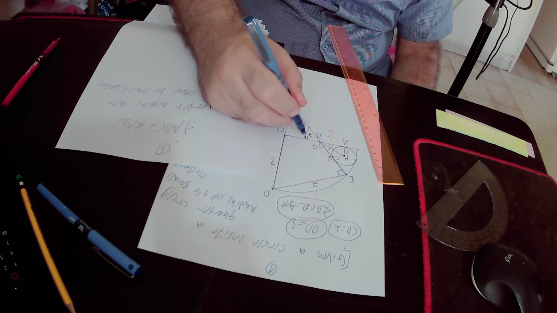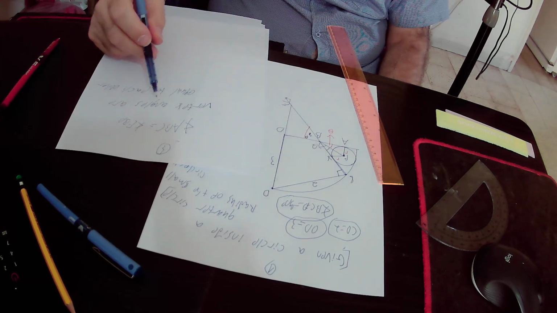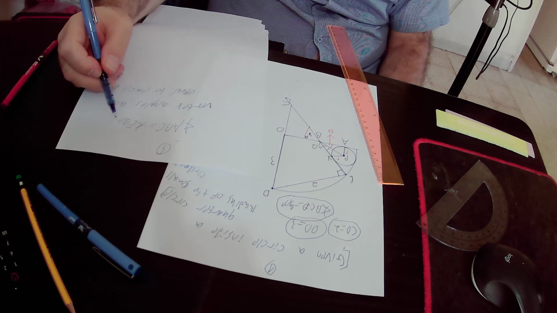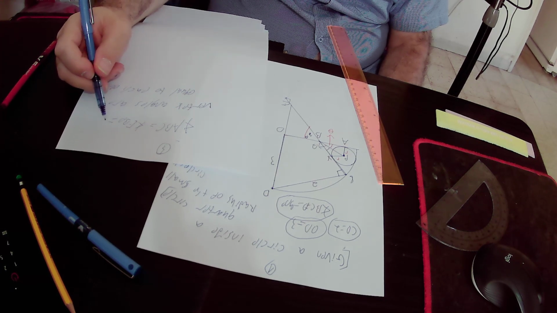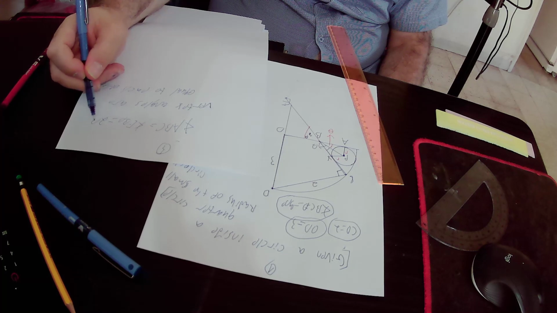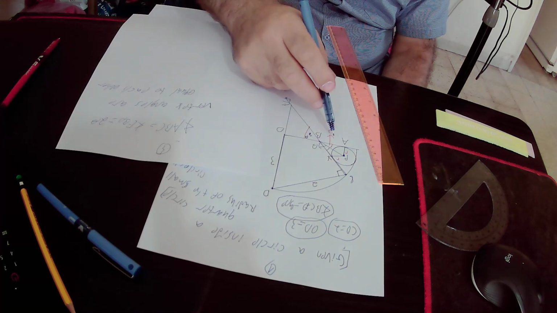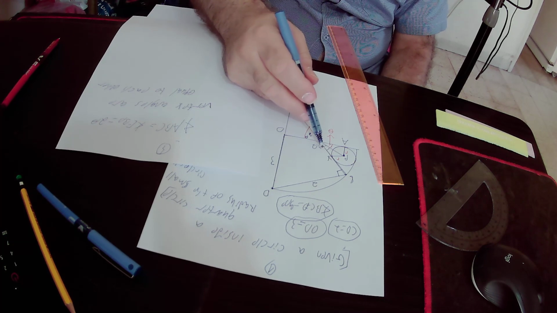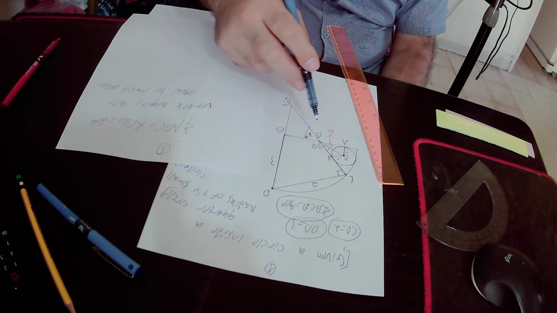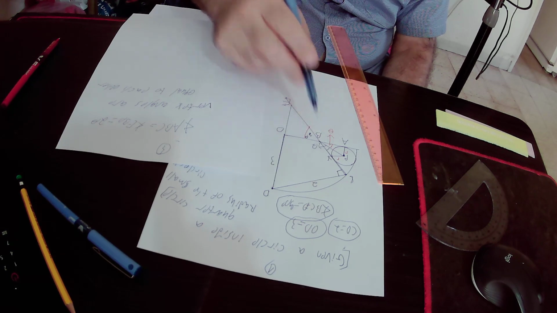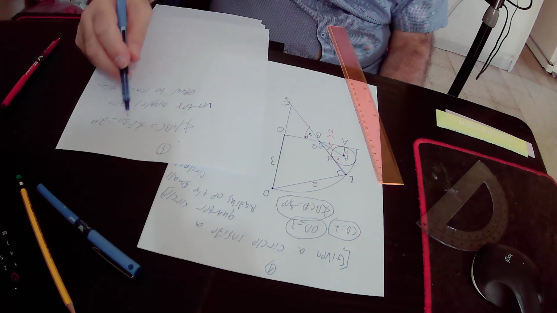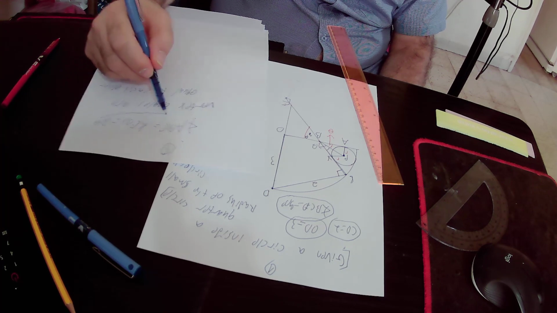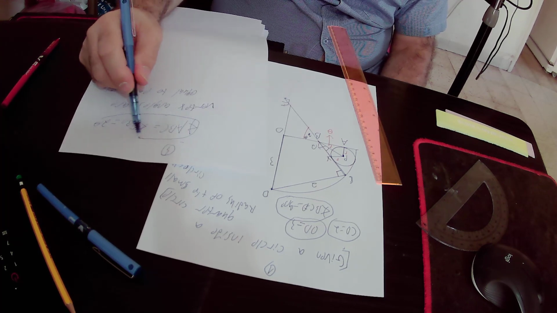Okay, so vertex angle ABC equals vertex angle EBO, and both are equal to 2 theta because it equals this angle that is theta plus this angle that is also theta. So angle ABC equals 2 theta, and angle EBO also equals 2 theta.